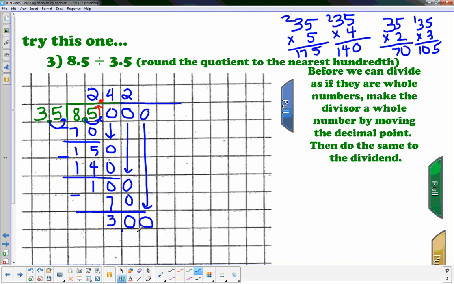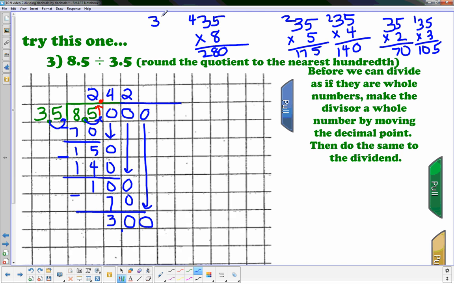All right, I got to get close to 300. So 5 times 35 is 175. Let's try 8. Make sure you're writing this down. 8 times 5 is 40, write the 0 and carry the 4. 8 times 3 is 24, plus 4, 28. So 280, that's pretty close.